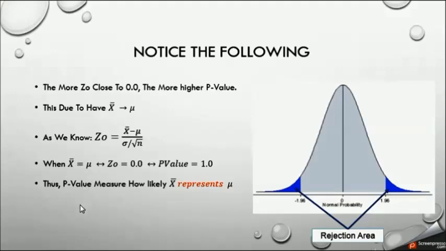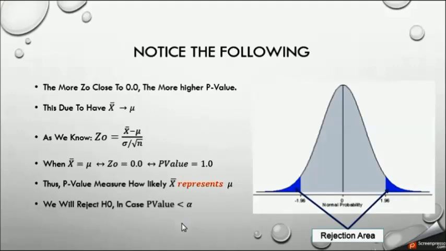This makes it clearer that the p-value measures how likely x bar is close to, or represents, the hypothesized mean. The closer x bar is to mu, the larger the p-value, and mostly we will fail to reject the null, and we will say that the null hypothesis is still valid and the mean value of our population has not changed to other values.